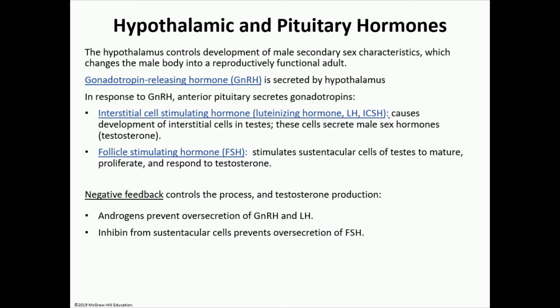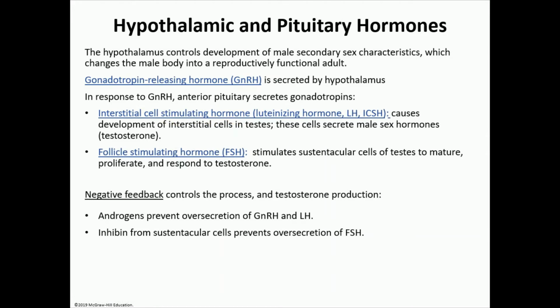Now, for the different hormones that come out, the hormone that comes out of the hypothalamus is the gonadotropin releasing hormone that will stimulate the anterior pituitary to make LH, luteinizing hormone, and FSH. Luteinizing hormone is sometimes in males referred to as interstitial cell stimulating hormone, but it's the exact same hormone. It just has these two different names.